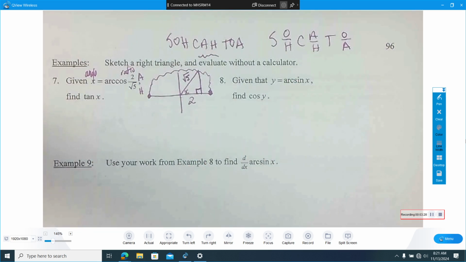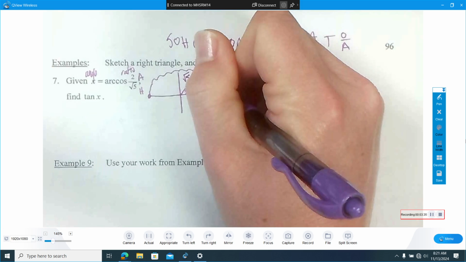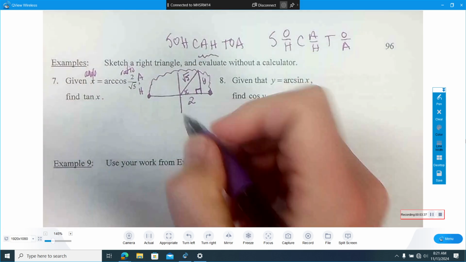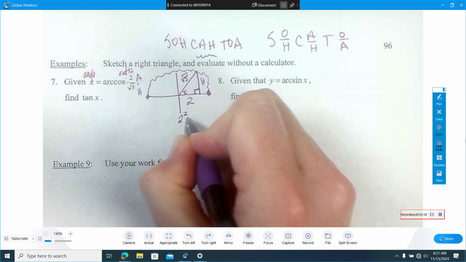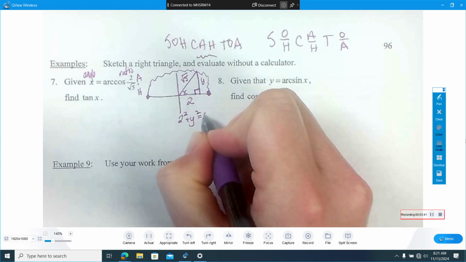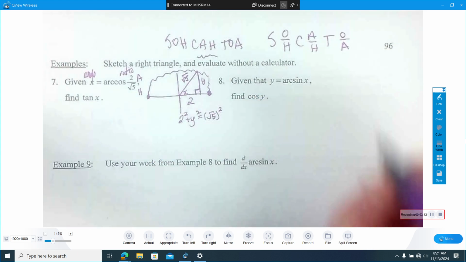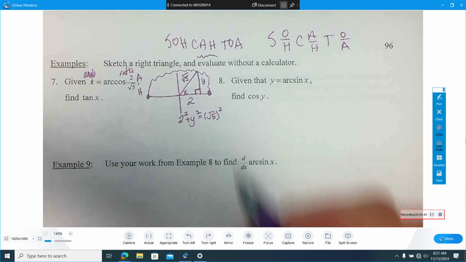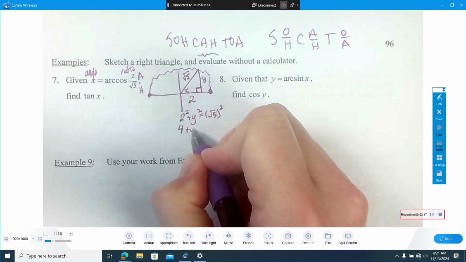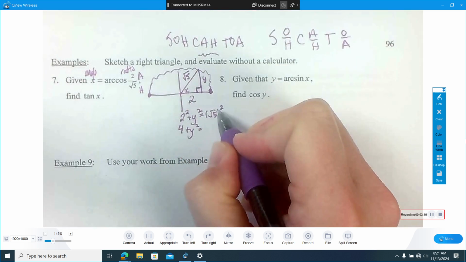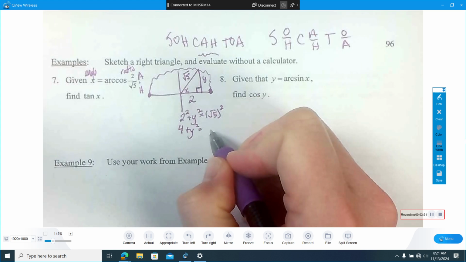Can we figure out the third side of this triangle? Absolutely, Pythagorean theorem. I'm going to call it y. We have 2 squared plus y squared equals radical 5 squared. So 4 plus y squared equals 5, since radical 5 quantity squared is just 5.